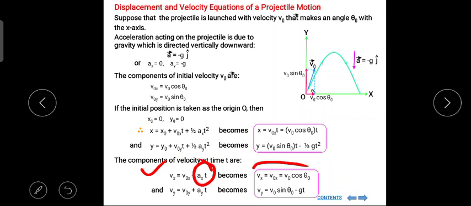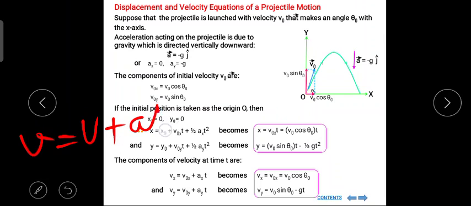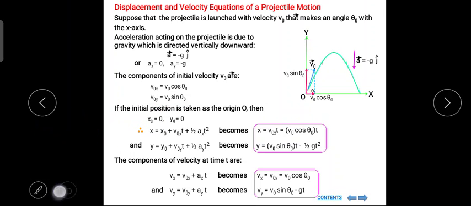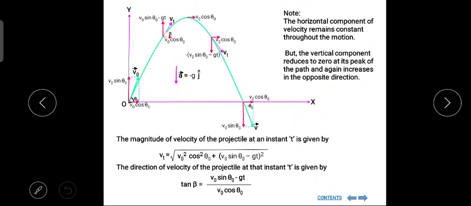Similarly, in the y direction, vy equals v naught y plus a y t, which is nothing but the format of v equals u plus at. Just substitute the values, and you will get vy equals v naught sin theta naught minus g t.